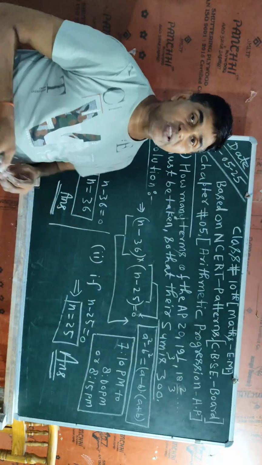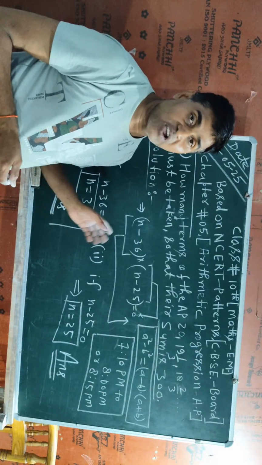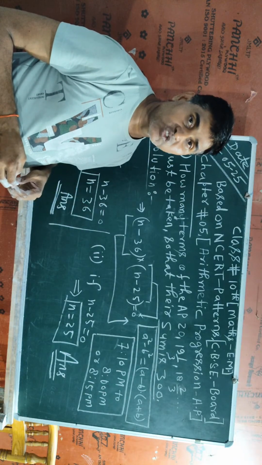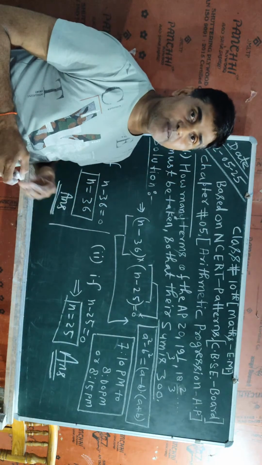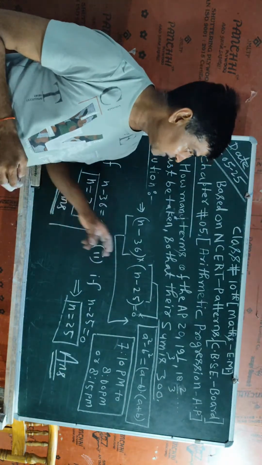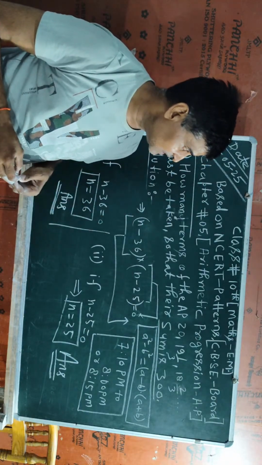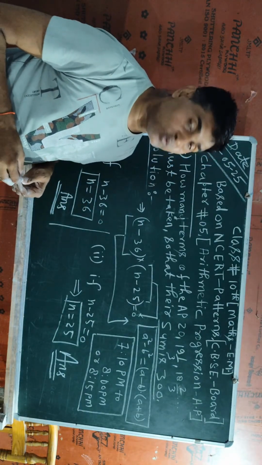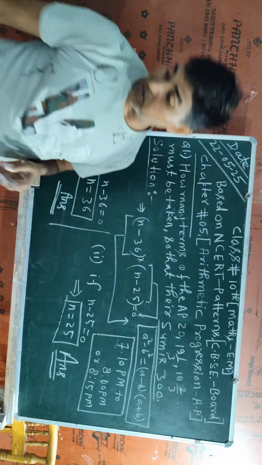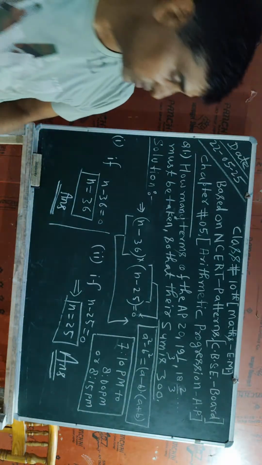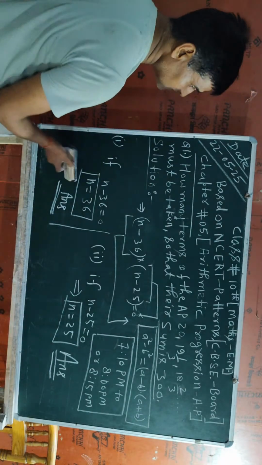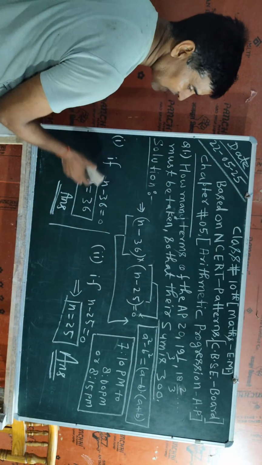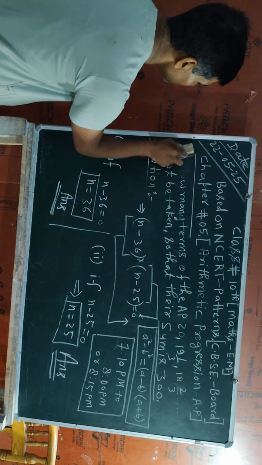Now I am going to take another question which is also based on this topic, and I will solve it, and after solving I will explain each and every concept in detail, and those concepts will be on arithmetic progression. Now the next question I am going to take from the textbook. First of all, I am going to erase the written question and its solution which are on the blackboard.